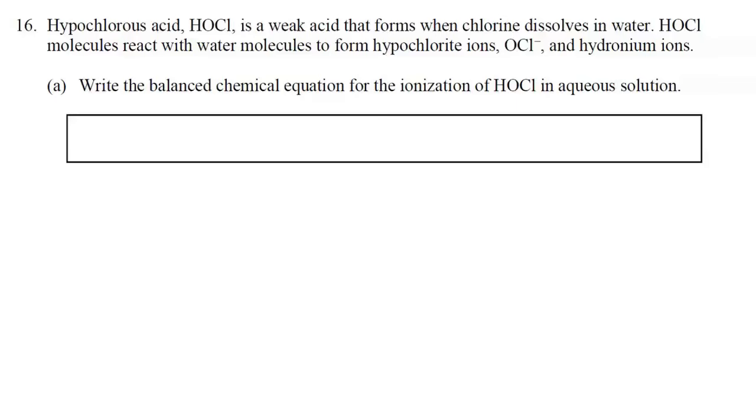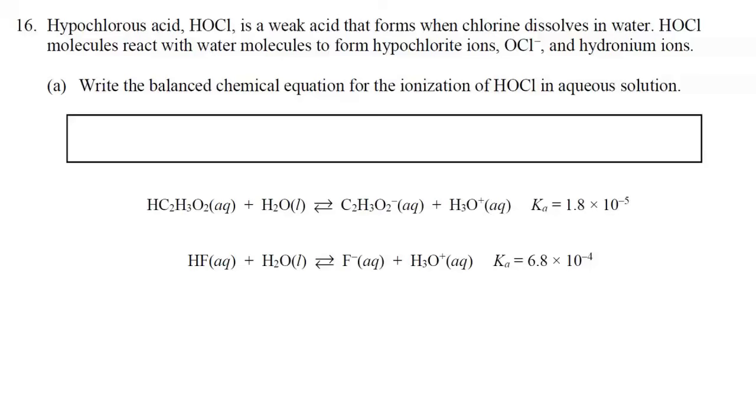Now, in previous questions in this packet, questions 14 and 15, you have already seen a balanced chemical equation for the ionization of a weak acid in aqueous solution. In question 14, it was the reaction between HF, hydrofluoric acid, and water, and that reaction produced F- and the hydronium ion.